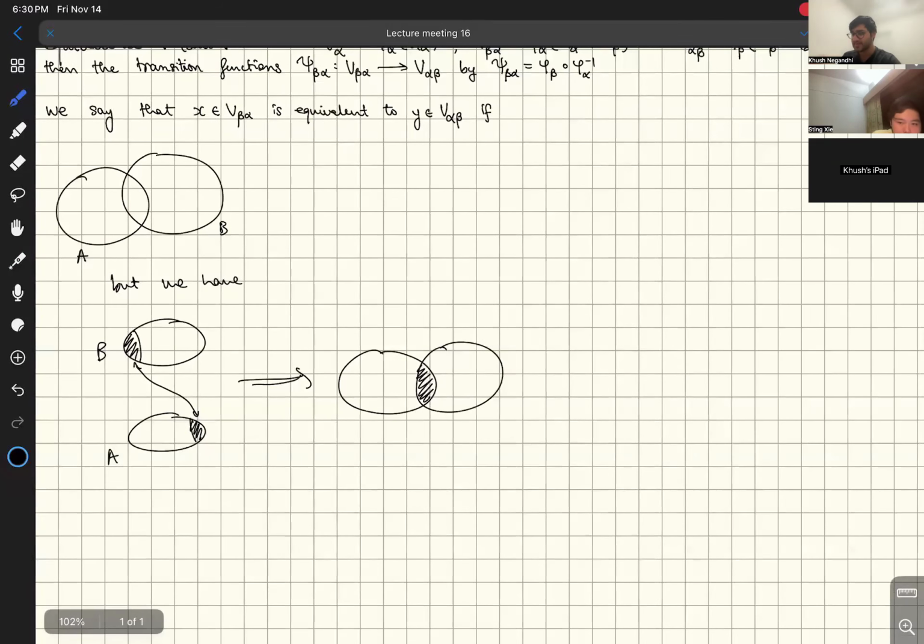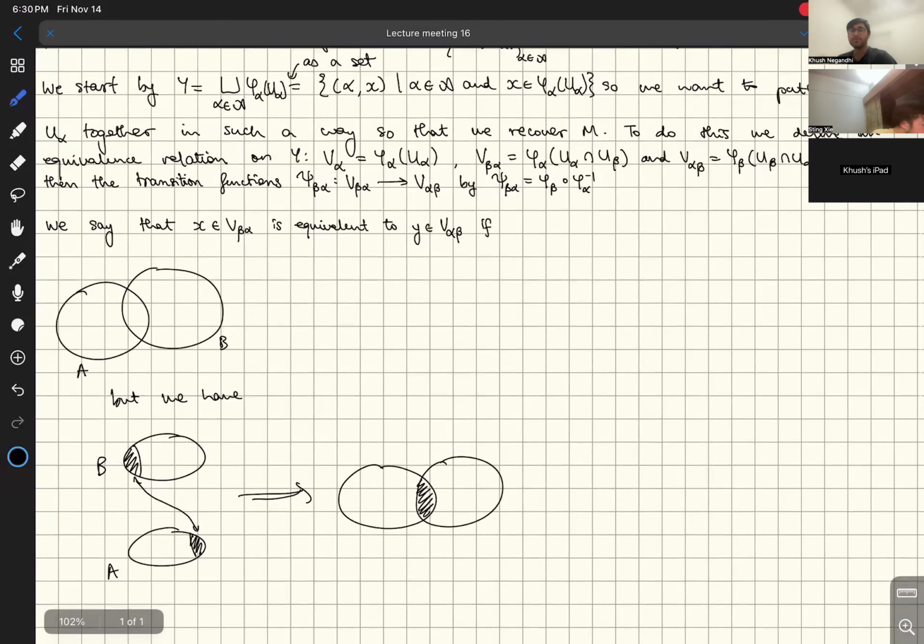So this is what we're going to take inspiration from. And so two things are equivalent only if they're related by a change of coordinates, because we're describing the exact same points, but in a different coordinate system.